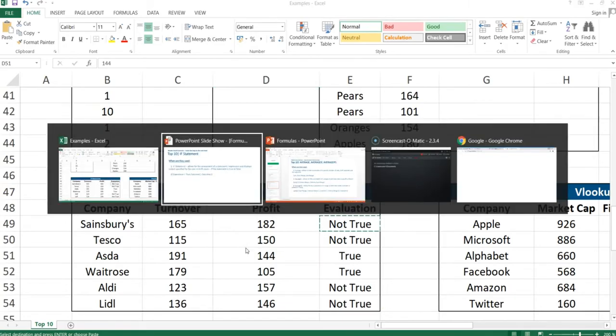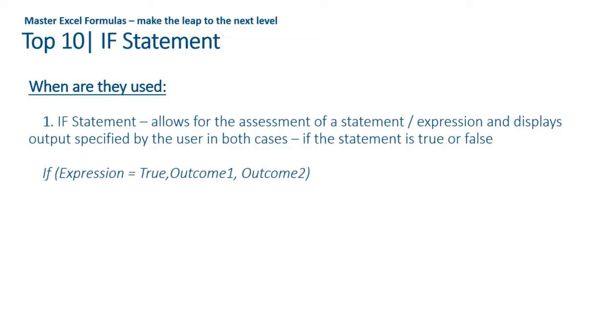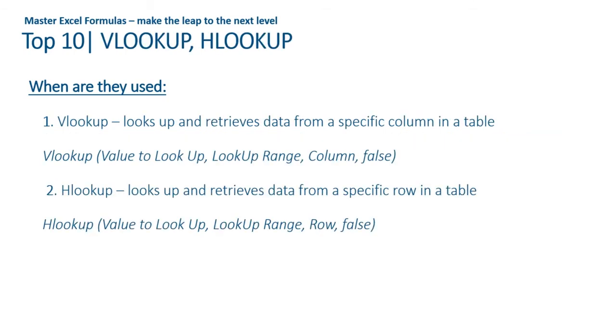Now going back to the presentation, the next group of formulas is the lookup formulas, VLOOKUP and HLOOKUP. The first formula, VLOOKUP, is probably one of the most frequently used formulas in Excel. What it does is look up and retrieve data from a specific column in a table. What is the structure of the formula?